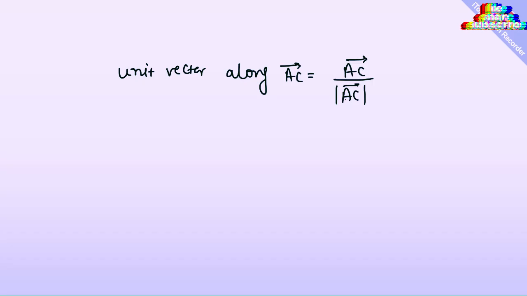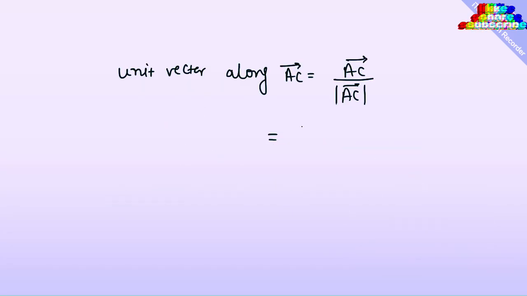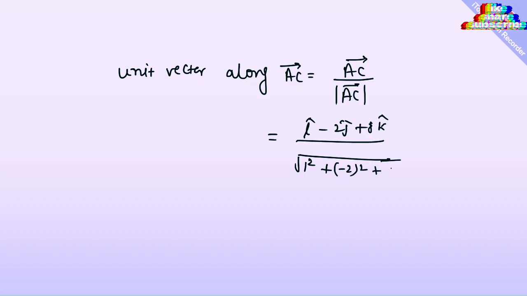Now we have to find the unit vector along AC vector. The unit vector along AC vector is obtained by the formula vector over its magnitude. Similarly, we have AC vector as i cap minus 2j cap plus 8k cap, and its magnitude is the square root of 1 squared plus minus 2 squared plus 8 squared, which is the square root of 69.